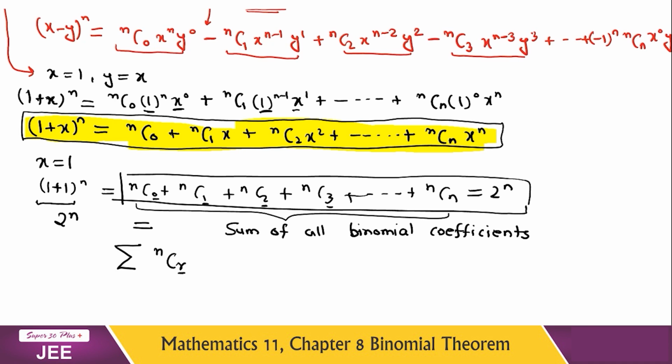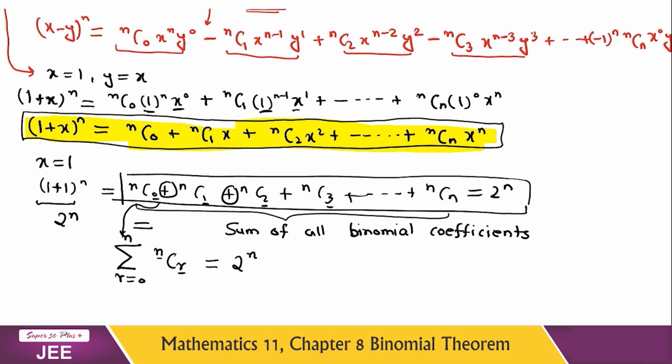Upper subscript is always n, so here I have maintained n, and r is varying from 0 to n, and we are adding up all these terms. That is why I have used the operator sigma of summation. So summation nCr, where r lies from 0 to n, will always give you 2^n.